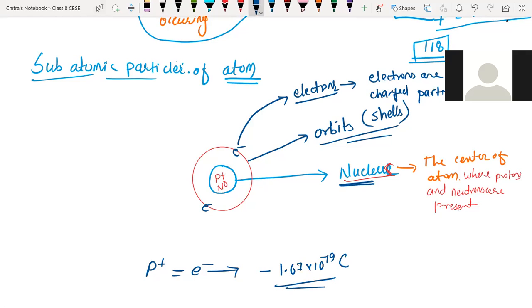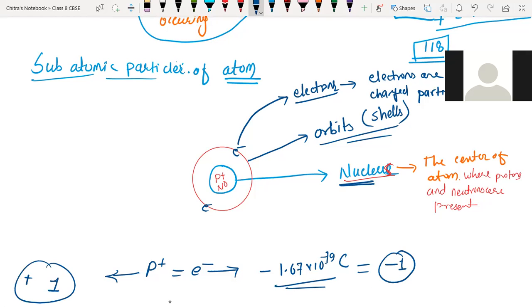It is considered as unit negative charge. And a proton contains equal but opposite magnitude of charge, which is positive. So a proton contains unit positive charge.